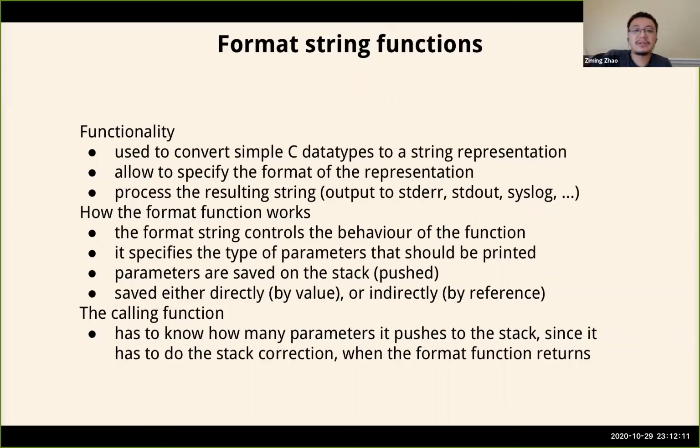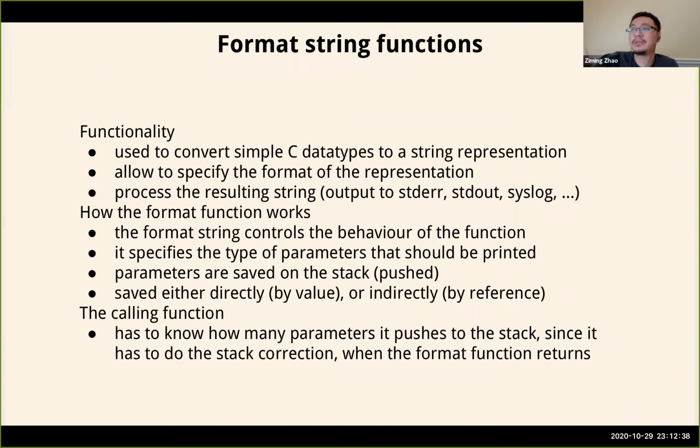So format string functions, obviously they use something called a format string. What the format string functions do is they convert C data types, such as integer, double, float, into a string representation.